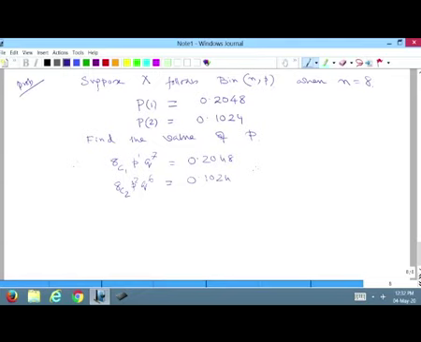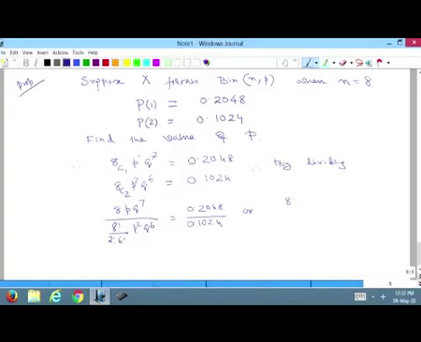Probability of 2 is equal to 8C2 p square q to the power 6 is equal to 0.1024. Therefore, by dividing, we have 8 p q to the power 7 upon 8C2, which is equal to factorial 8 upon factorial 2 factorial 6, p square q to the power 6 is equal to 0.2048 divided by 0.1024, or 8 p q to the power 7 divided by factorial 8 upon factorial 6.